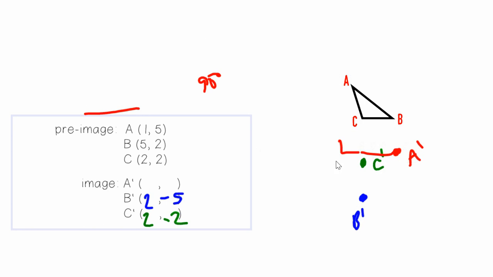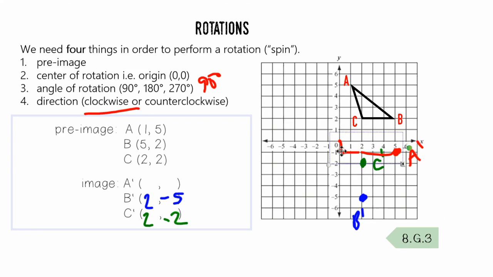Getting rid of that hook and marking the location of A prime, which is at 5, -1. I'm going to go ahead and connect all of my points. I can see that this triangle is the same shape and size as it was before, which means it's congruent. We already knew that was going to be the case.